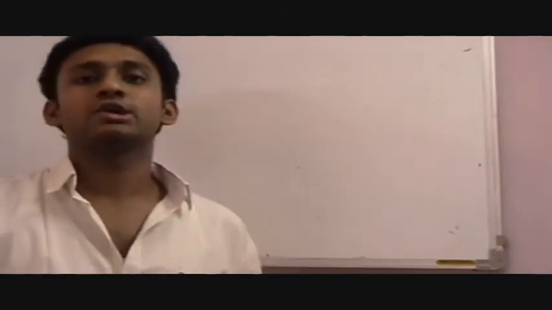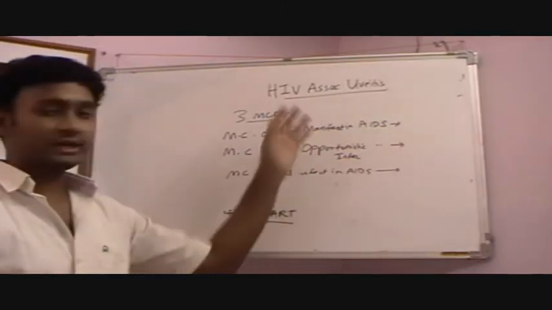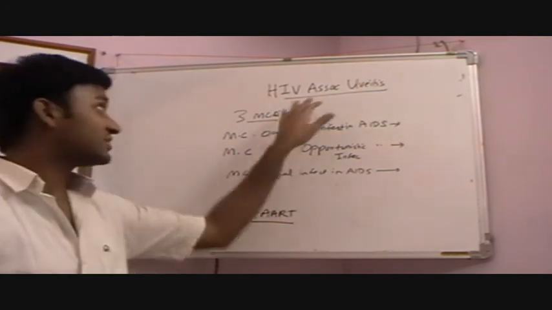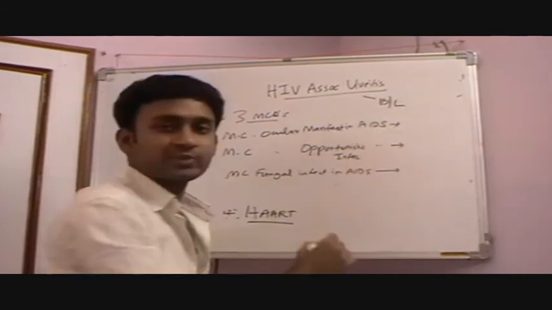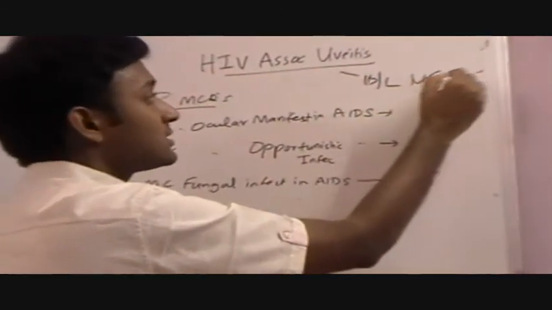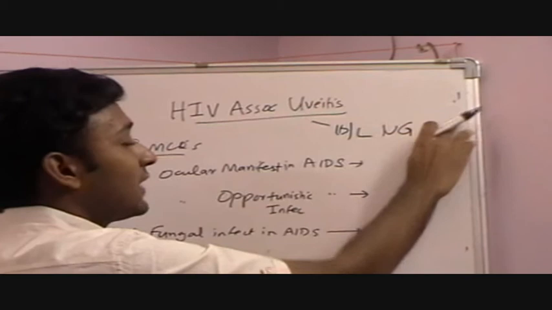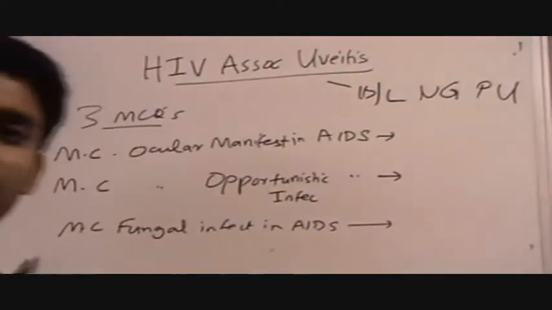Now, next we'll talk about HIV associated uveitis. The last infective condition associated with uveitis is HIV associated uveitis. There is going to be a bilateral, non-granulomatous panuveitis, but mostly it's a posterior uveitis.